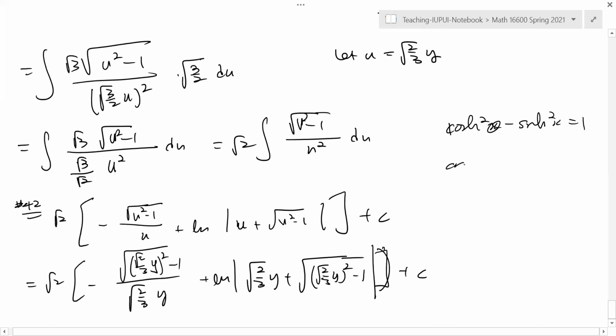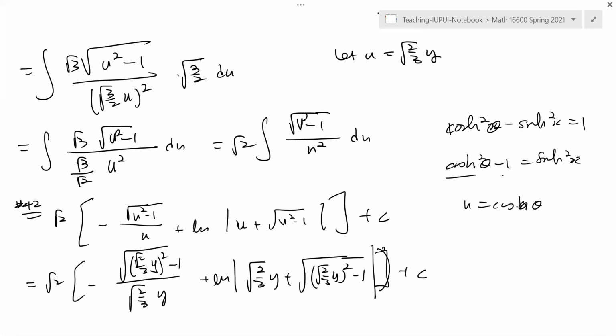Something squared minus 1 equals another square. So you can use the substitution u equals hyperbolic cosine theta. Then you simplify the integral and you can probably evaluate it. That's just one of the substitutions that came to my mind naturally. You will get the same answer.